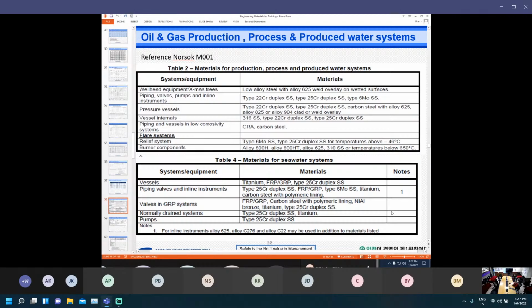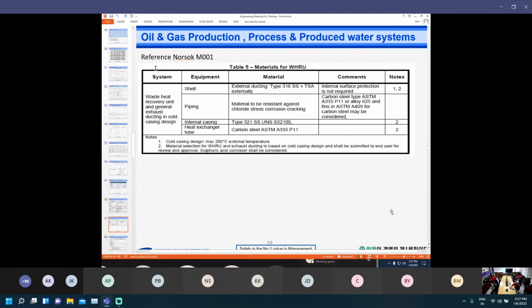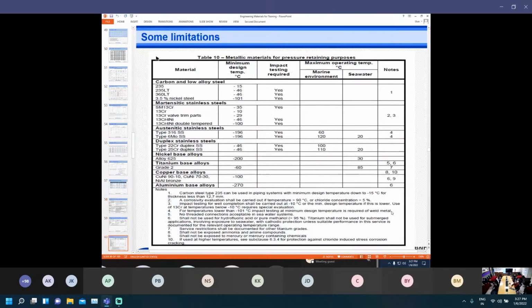This is a tabular form where you understand how to select the material. Skip this slide. There is also ISO standard 21457, from the International Organization for Standardization. They also have a standard for selection of material that gives some restrictions based on temperature and different uses.